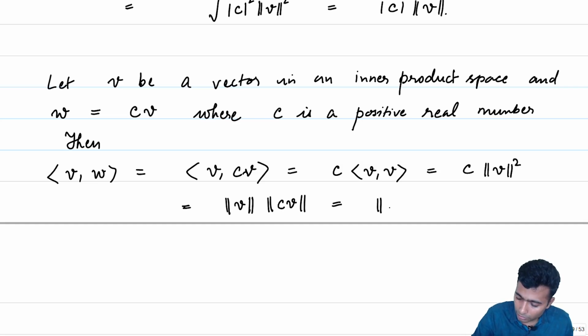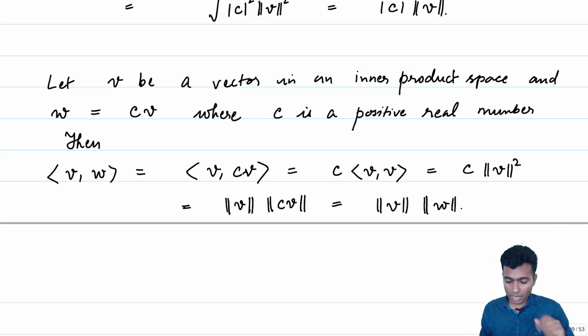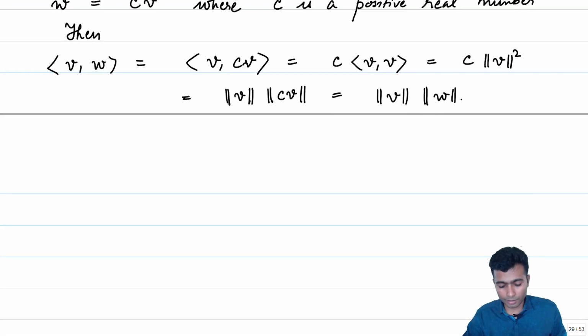And this is nothing but the length of V times the length of W. So, as noted, the inner product of V and W here in this case is just the product of the lengths of V and W.